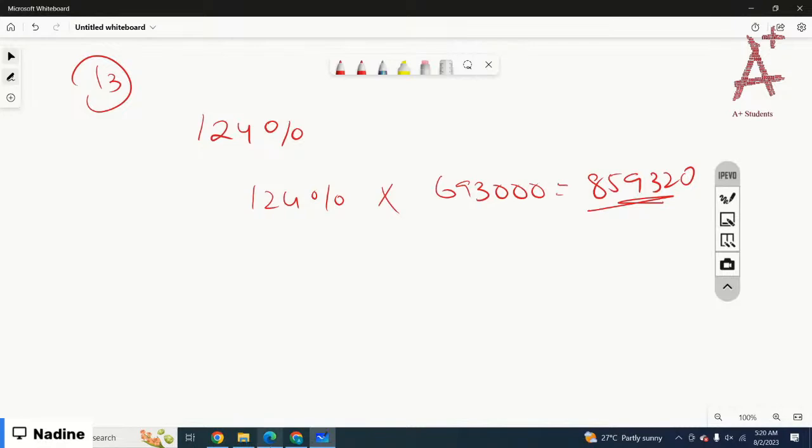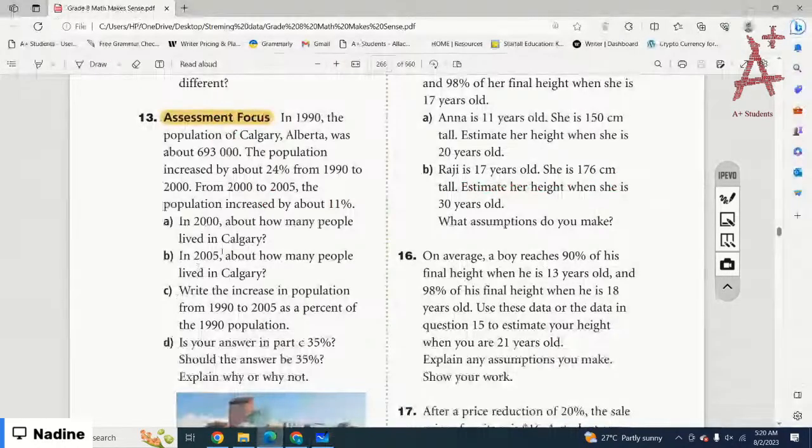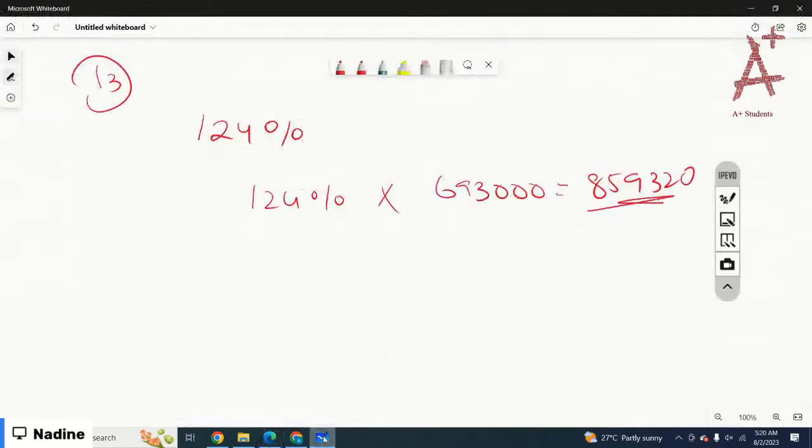Then for the B part, in 2005 about how many? From 2000 to 2005, the population increased by 11%. It is 111%, right?